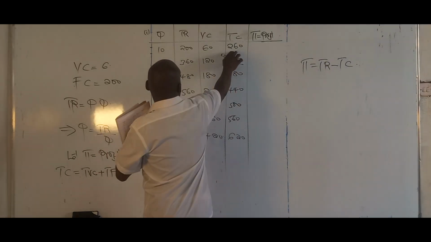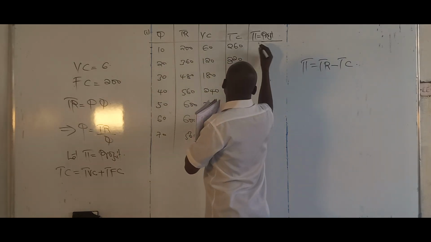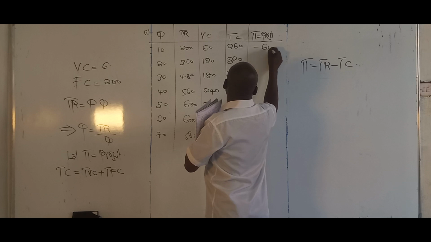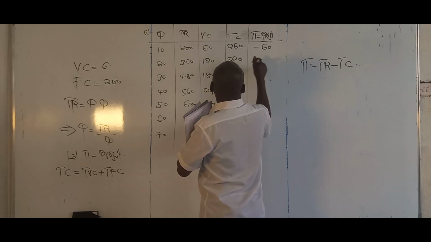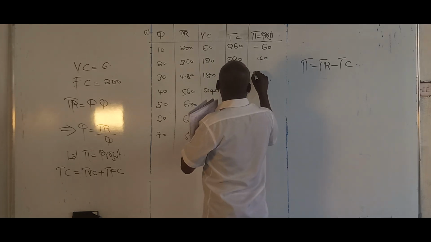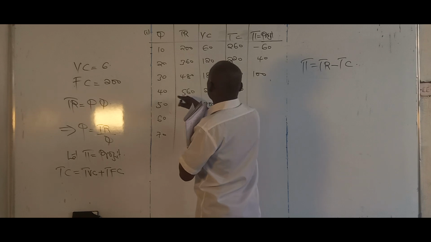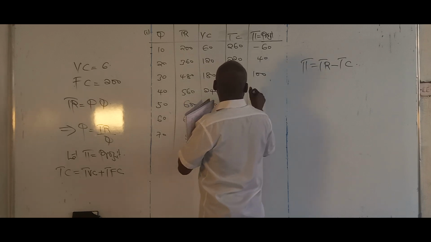So we have this and this. It's total revenue minus total cost. Already here we are on a negative 60. And this is 40, 100, and then this should be 120.